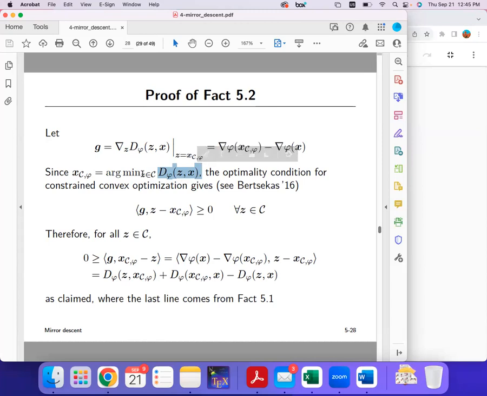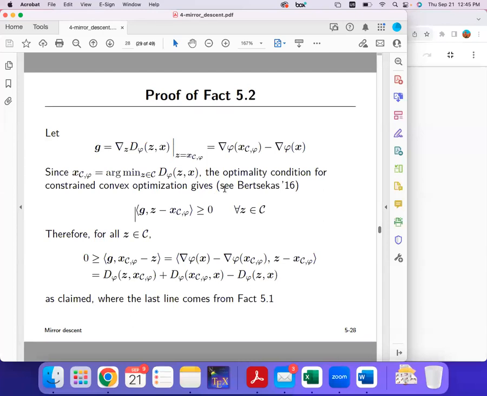And it is a constrained problem because Z is constrained to be within set C. So it's a constrained convex optimization problem, and then we can utilize the optimality condition for constrained convex optimization. Basically, this minimizer must satisfy this optimality condition. For any Z in this set C, this inequality must hold, where G is the gradient of this objective function.